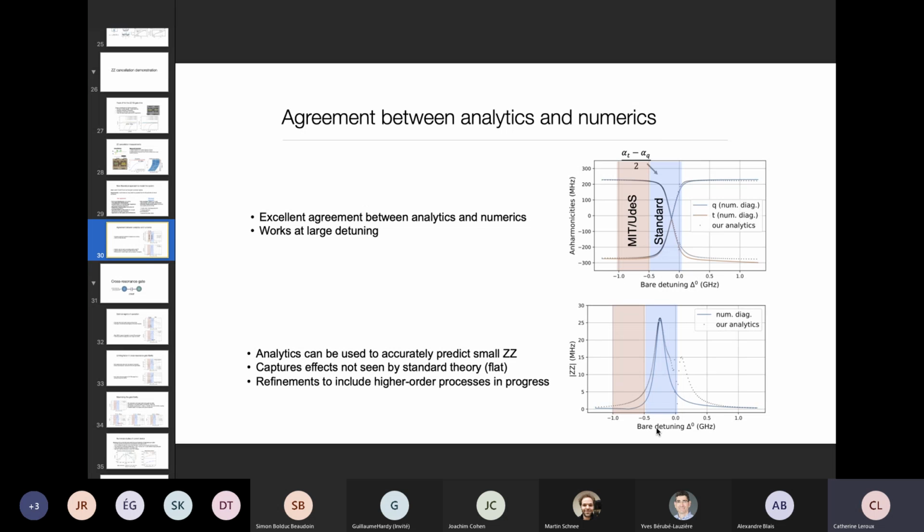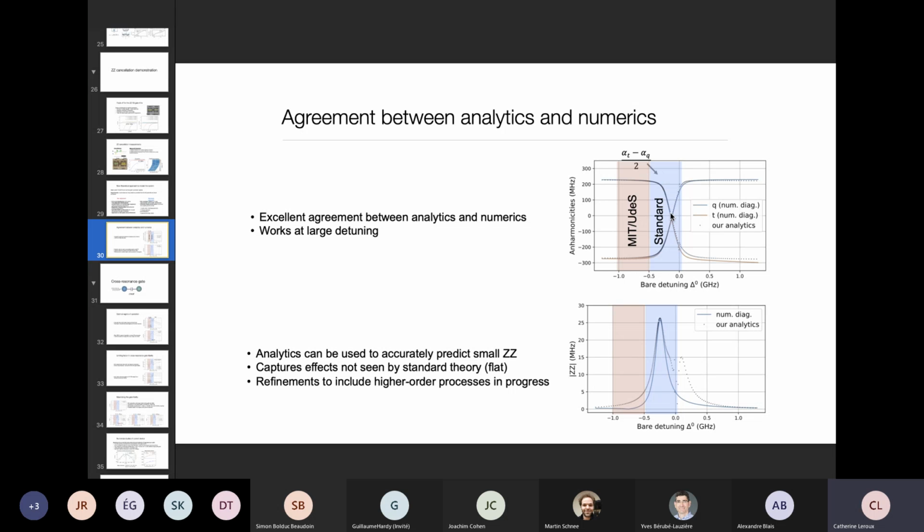Similarly, for the ZZ, with our theory, which is still being refined, we capture a strong renormalization of the ZZ, which would have been missed. Otherwise, it would again be a flat line around 0 if we were to use standard theories. So that is good. We also identified a regime of operation in red, which is different from the standard regime of operation in blue for gates.